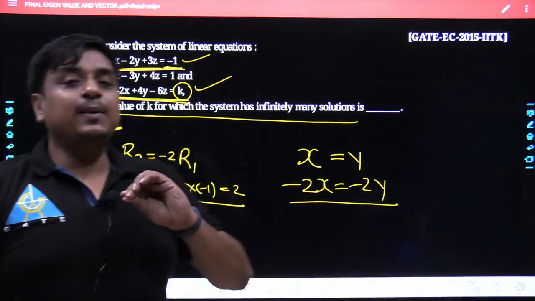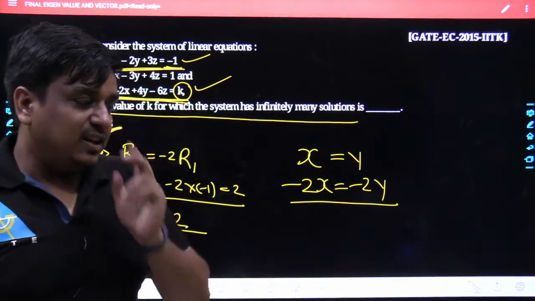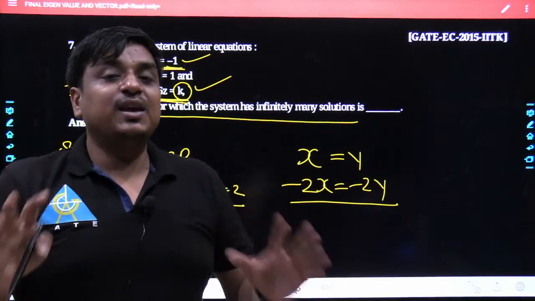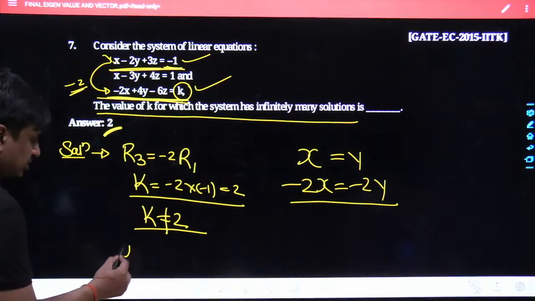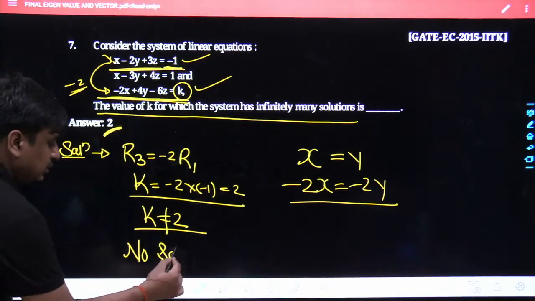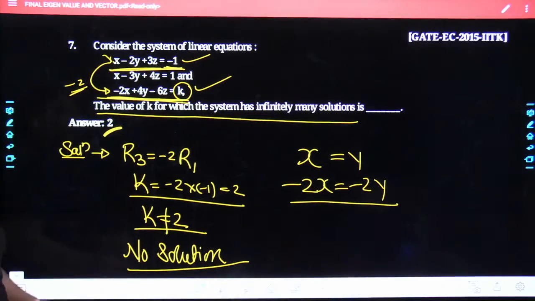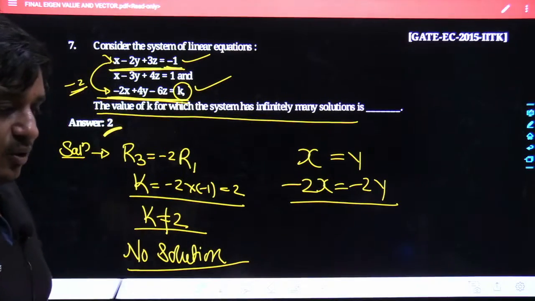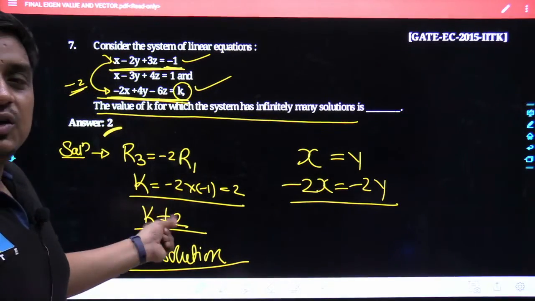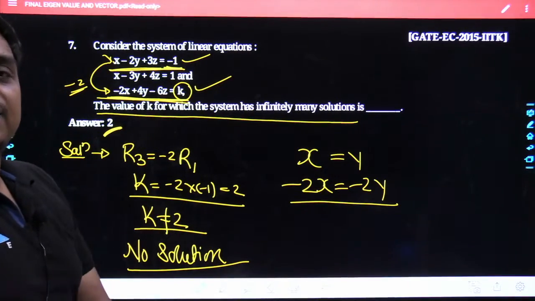That means at no point can equation 1 and equation 3 hold together, and hence you'll have the no solution case. Is that part clear? Not a unique solution. For k equals 2, you'll have infinitely many solutions, and for k not equal to 2, you'll have no solution.